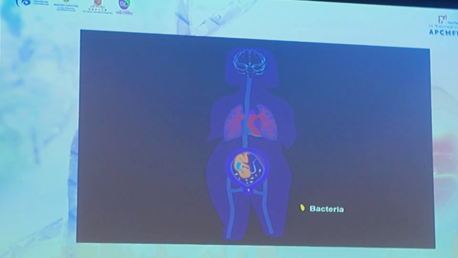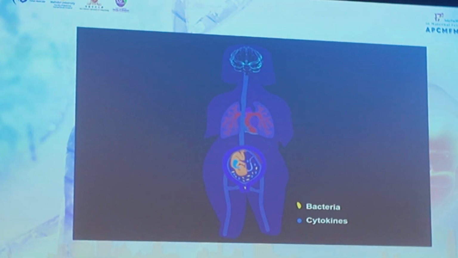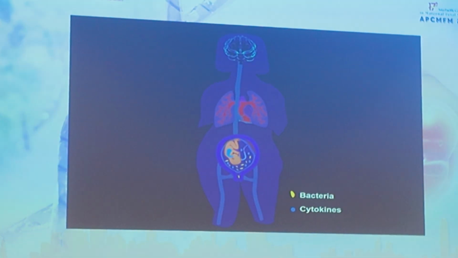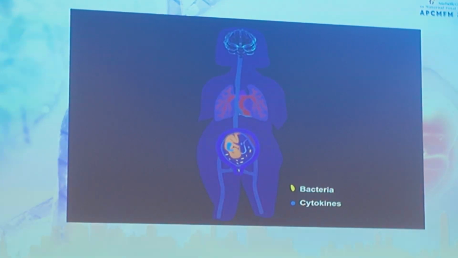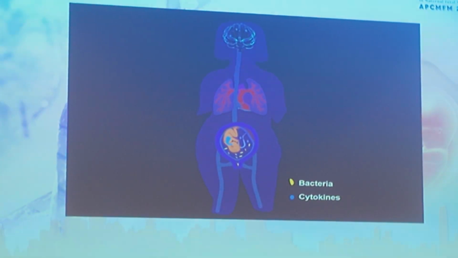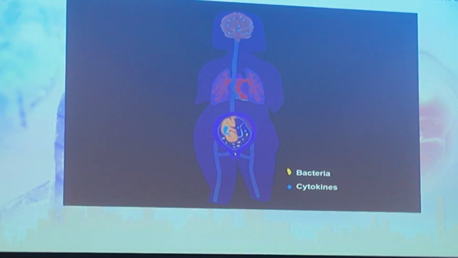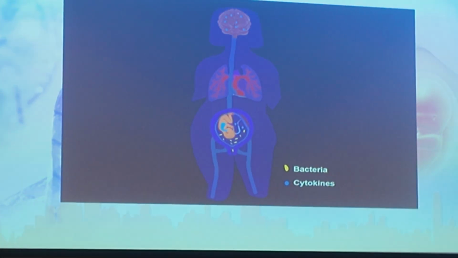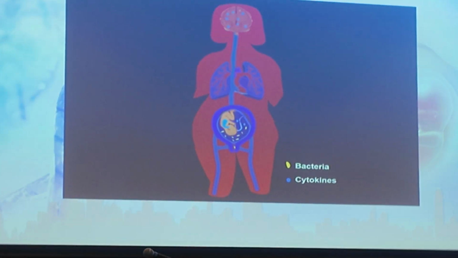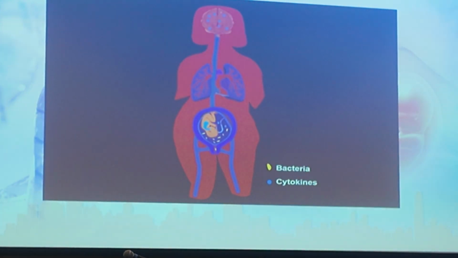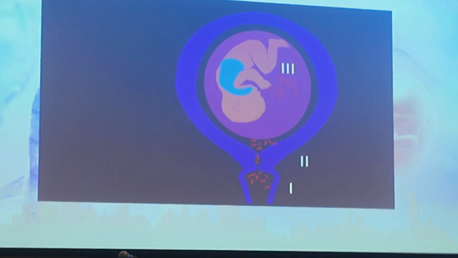For example, bacteria in the amniotic cavity can induce a fetal inflammatory response with the production of cytokines. And if the cytokines go into maternal circulation, this will elicit a fever, because the fever is induced by the brain. And this fever will be a sign of maternal systemic inflammation.